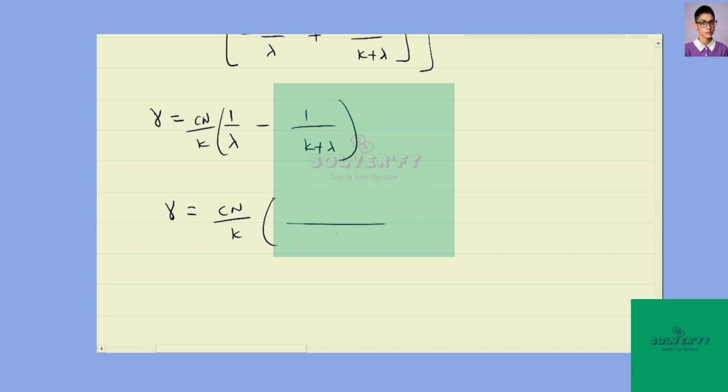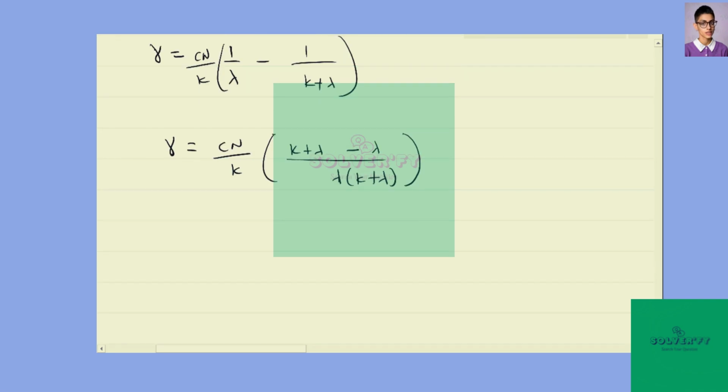So here we can have a base that is lambda and k plus lambda, and here we have lambda minus lambda.